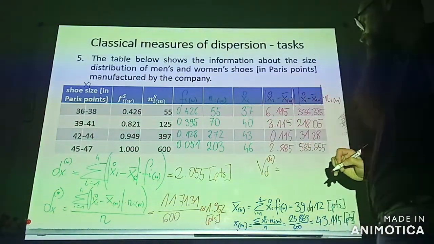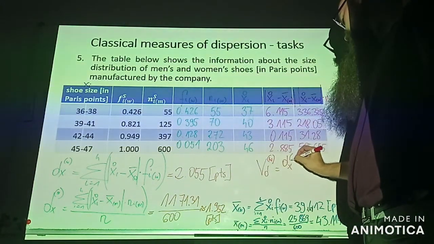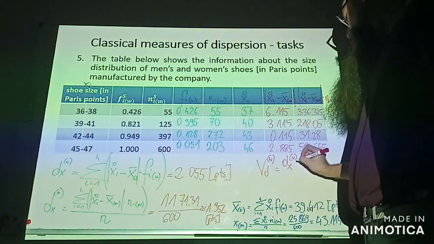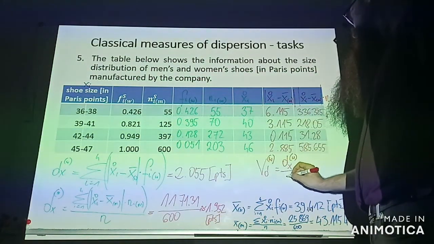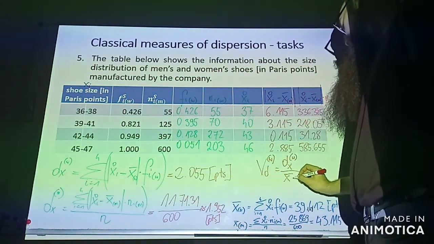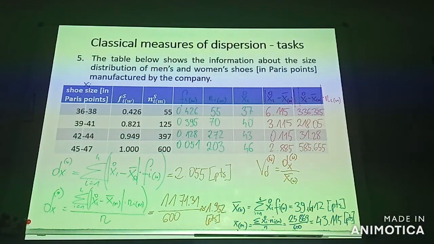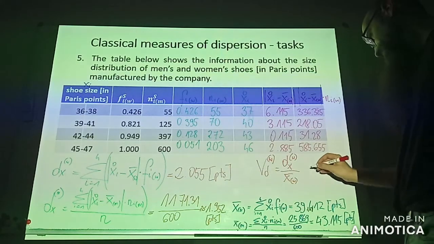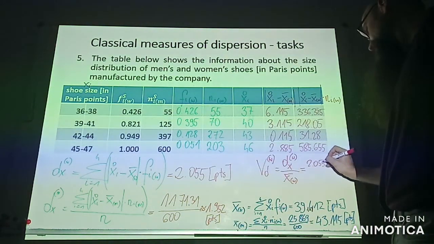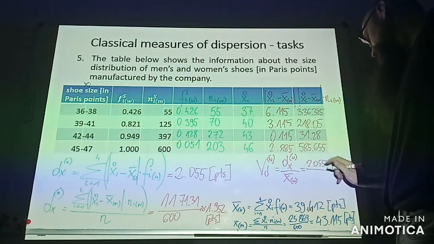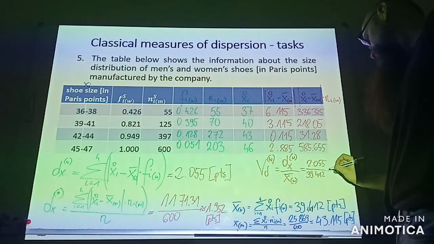All right, for women, so here we divide the mean absolute deviation for women's shoes by the average women's shoe size. 2.055 divided by 39.412.